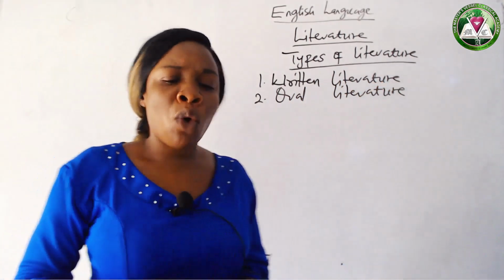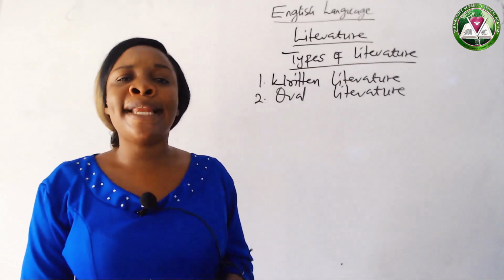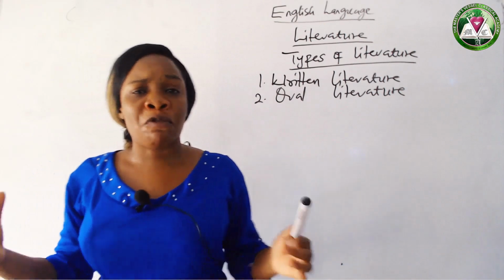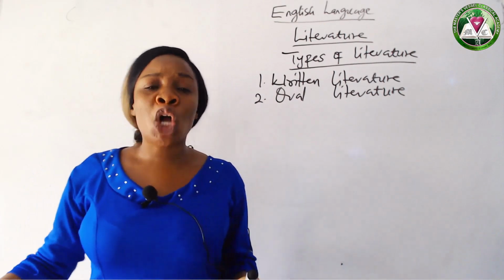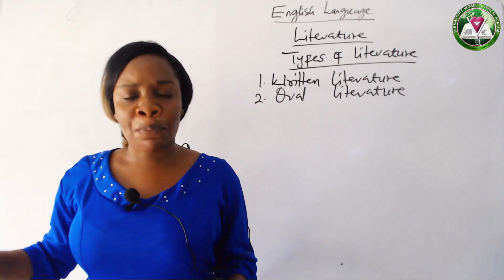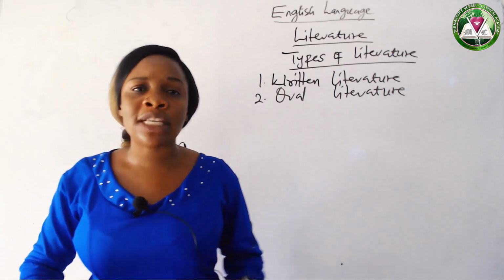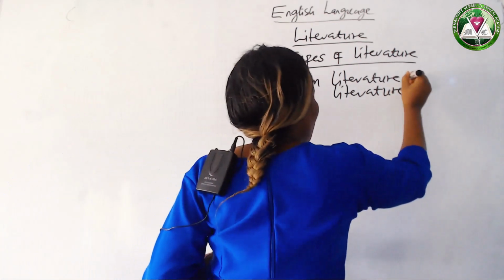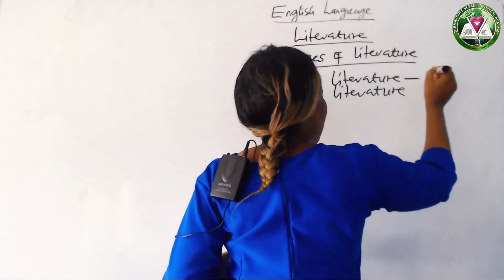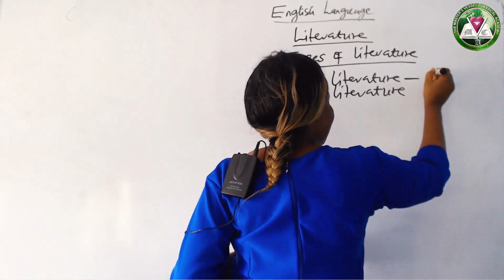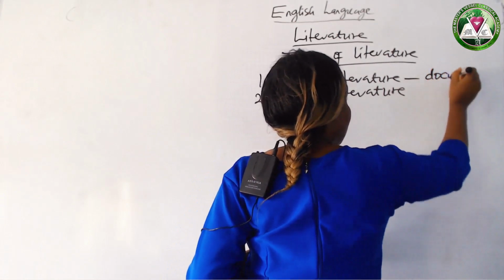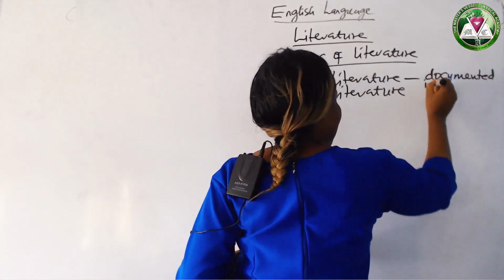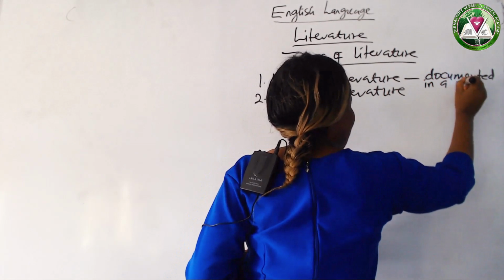Okay, now, what is written literature? Written literature is a type of literature that is documented in a printed material. So, written literature, a type of literature that is documented in a printed material.